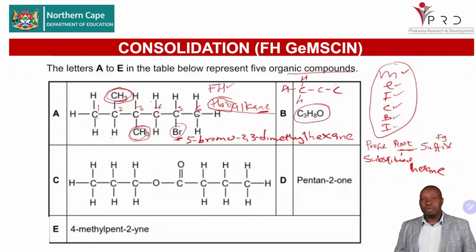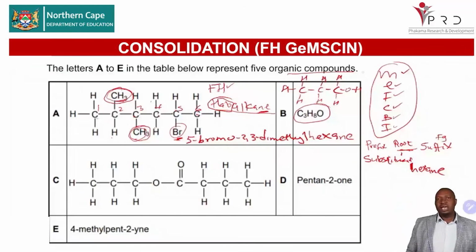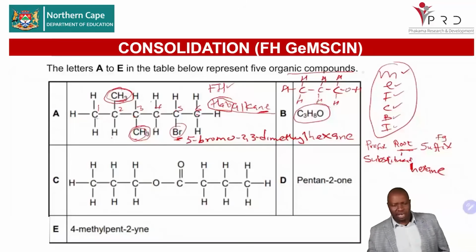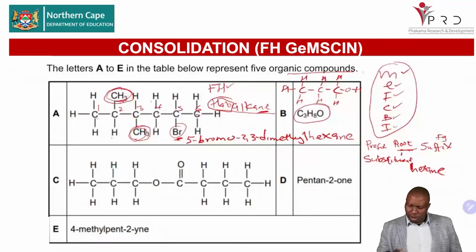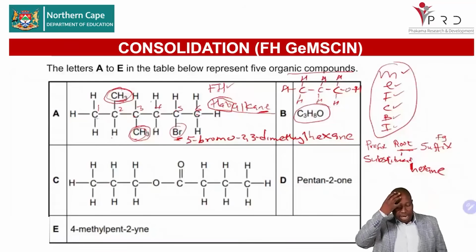Remember, each carbon must have 4 bonds, so it's 3, 4, 5, and then you are able to see 6, 7, OH, number 8 hydrogens, there are 8. So you can see it's an alcohol, but without drawing it, you can make a mistake of thinking maybe it's an aldehyde or a ketone or something. So please draw it in order for you to know definitely that this must be an alcohol.